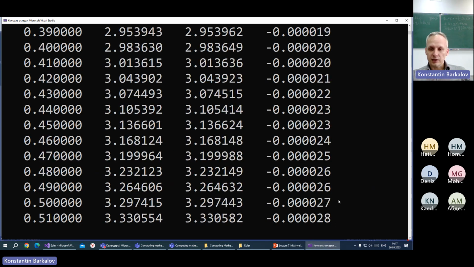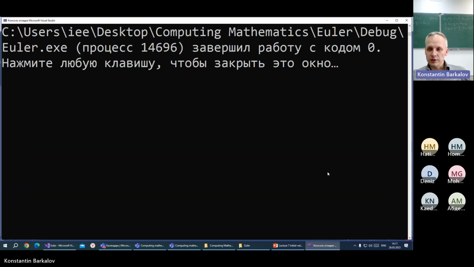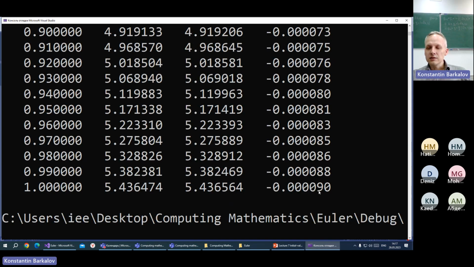But for the second order method, you see that the error is significantly smaller. It's approximately 100 times smaller. It means that this method is a second order method. We decrease the step 10 times, the error decreases 100 times.